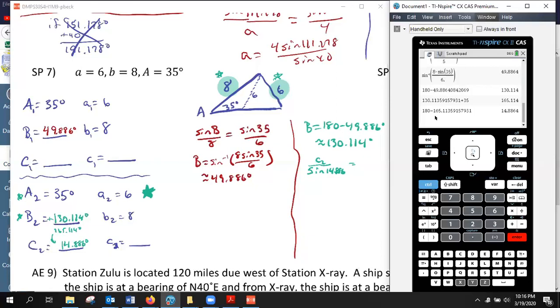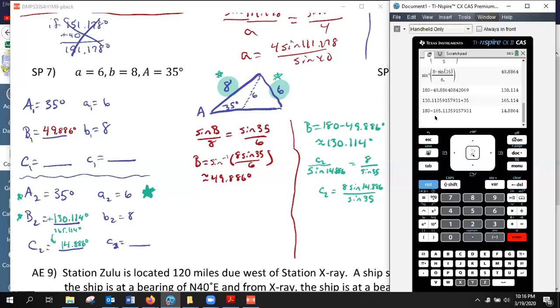Those were part of the original problem. So we want to keep what's given just in case we made a mistake somewhere. So that would be 8 over the sine of 35. So my C2 would equal 8 sine of 14.886 over the sine of 35.